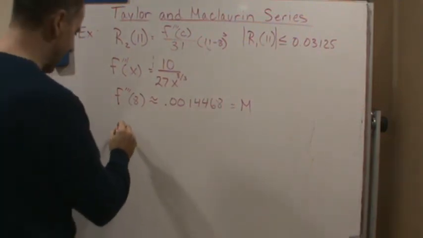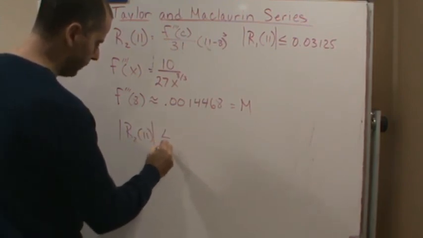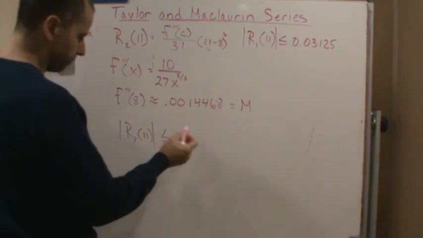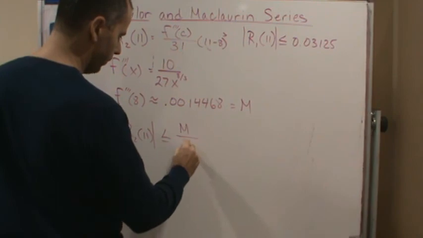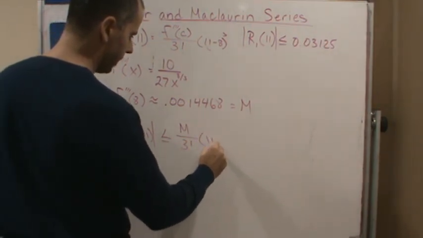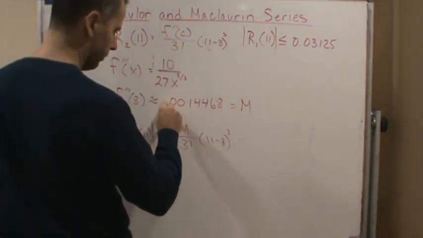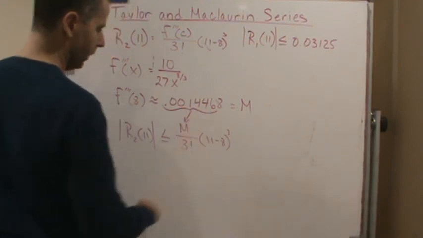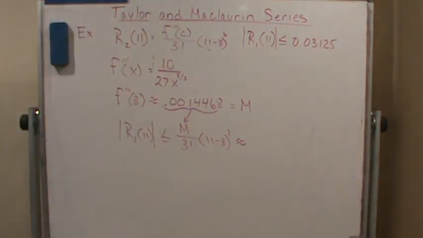We know that the absolute value of R sub 2 of 11 has to be less than or equal to m over 3 factorial times 11 minus 8 cubed. We plug that in, and what do we get? We get the approximate error of 0.0065104.